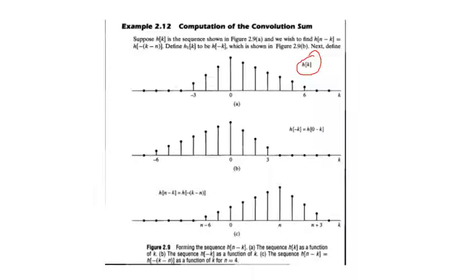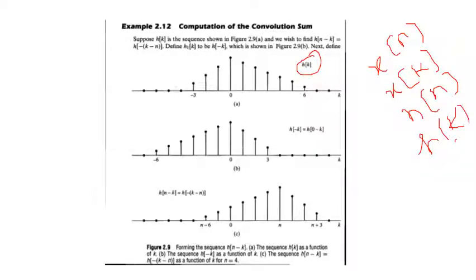So we first have the input x of n, we transform it to x of k, we have the response h of n, we transform it to h of k, and then we transform this to h of n minus k. This is h of k, and this is h of minus k, where n is 0 here. So h of minus k means we just flipped it. Minus 3 will come here, and this 6 will go to here.